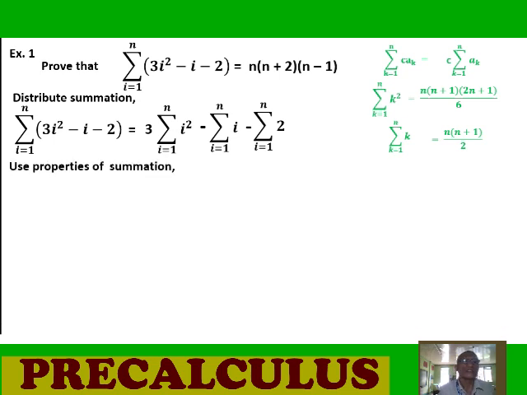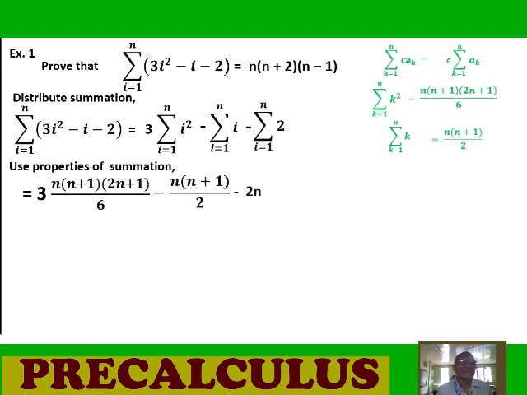Okay, using the properties, summation of i squared, we have the formula n times n plus 1 times 2n plus 1 all over 6, minus n times n plus 1 all over 2, minus 2 times n.